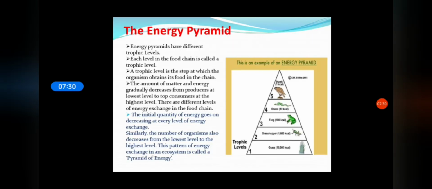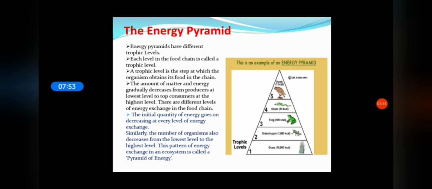Let us move ahead with another topic related to ecosystem, that is the energy pyramid. Each level of organisms in a food chain is called a trophic level. We can also say that a trophic level is the step at which the organism obtains its food in the food chain.